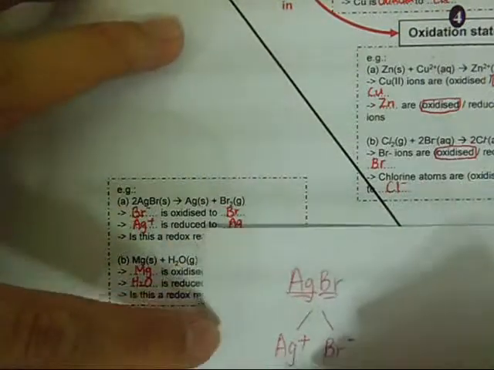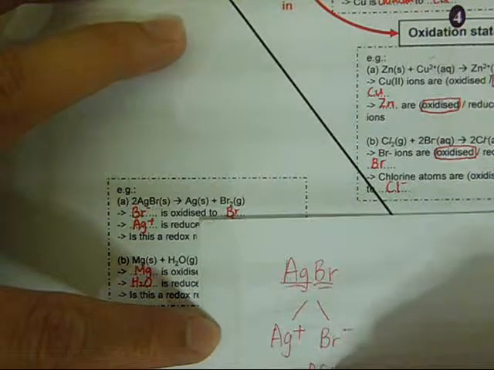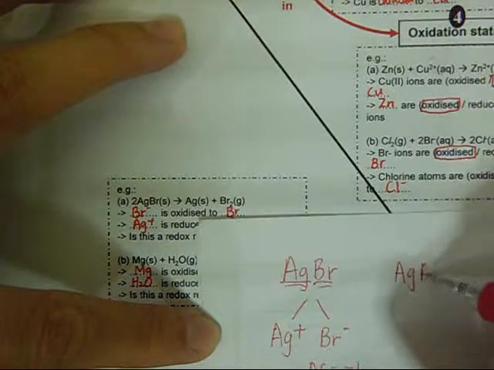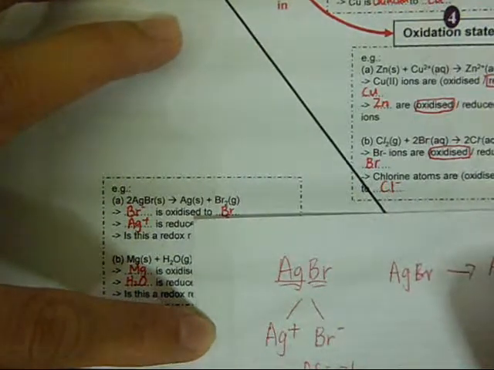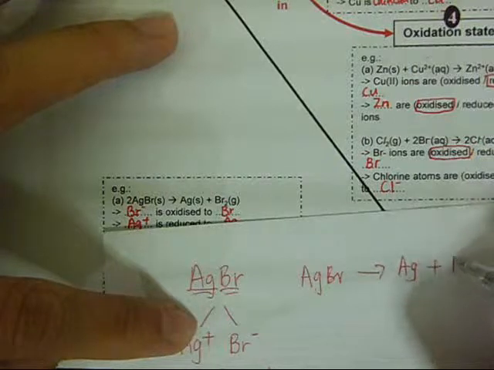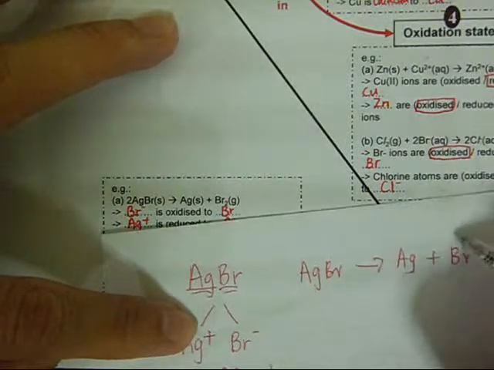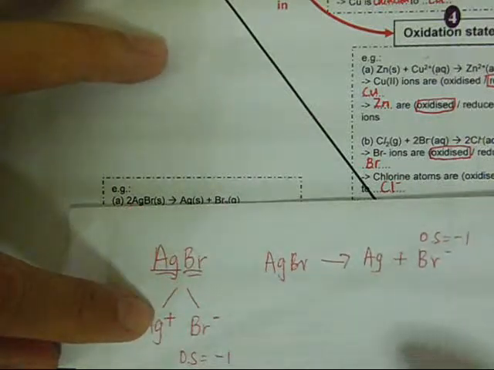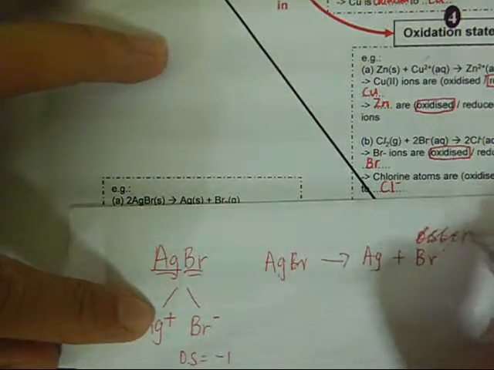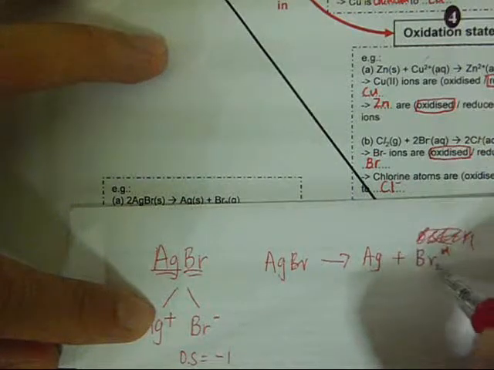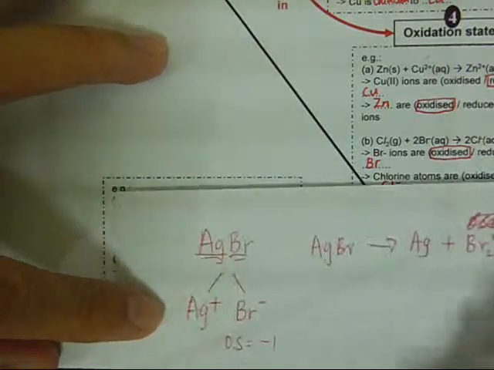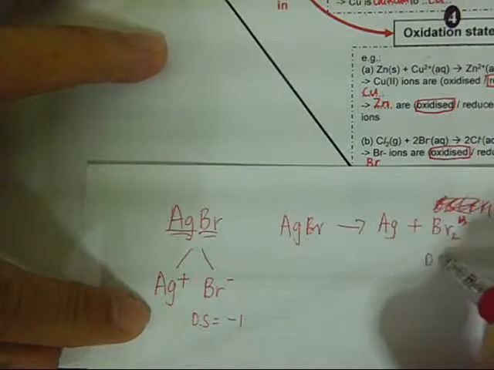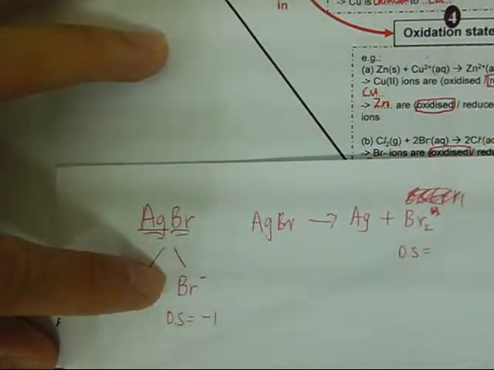Br minus, you know that the oxidation state is -1. Br2, what is the oxidation state? Remember, the oxidation state is the same as the charge of the substance.